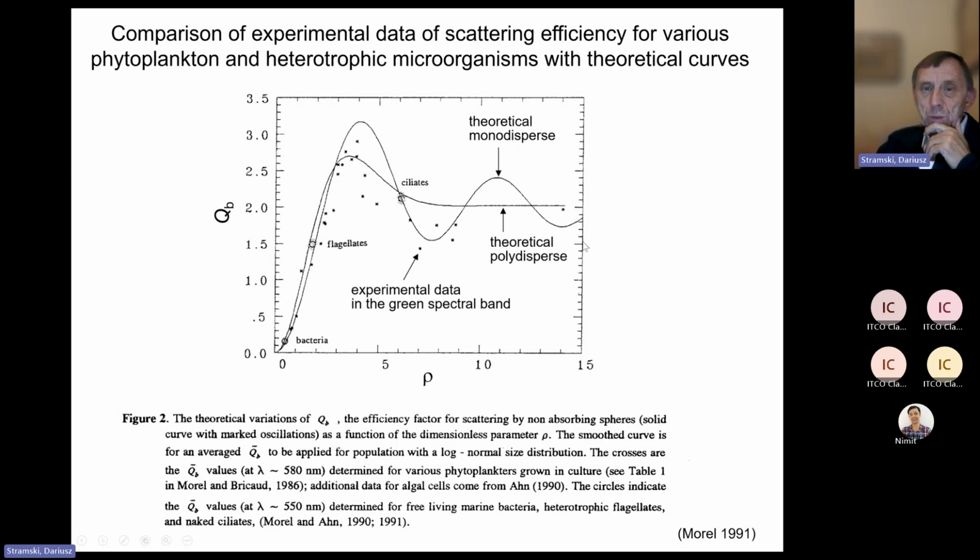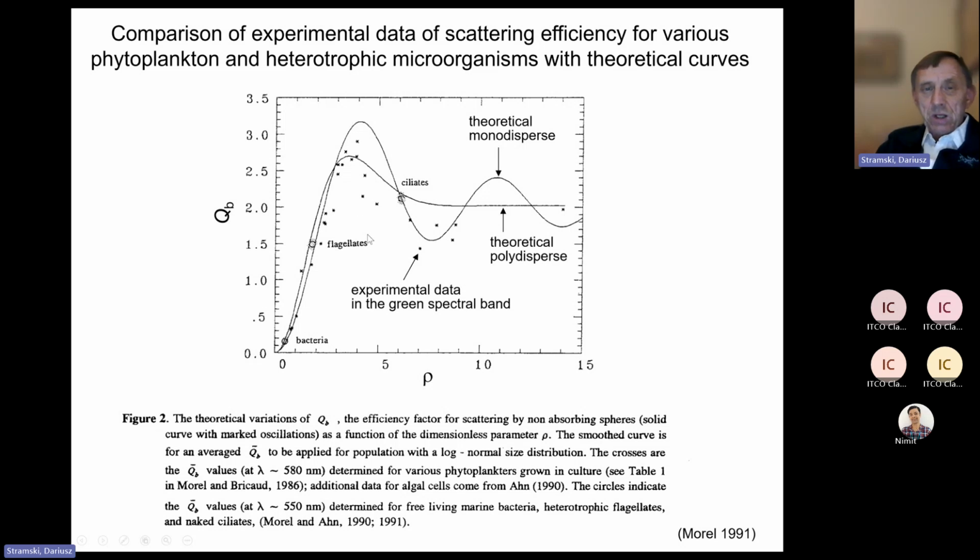For comparison, what we show here are theoretical curves of scattering efficiency. One of them is calculated for a monodispersed system of particles, of a single size, and another allows slight polydispersity to exist. So you can see no oscillations here, but still the primary maximum is present.